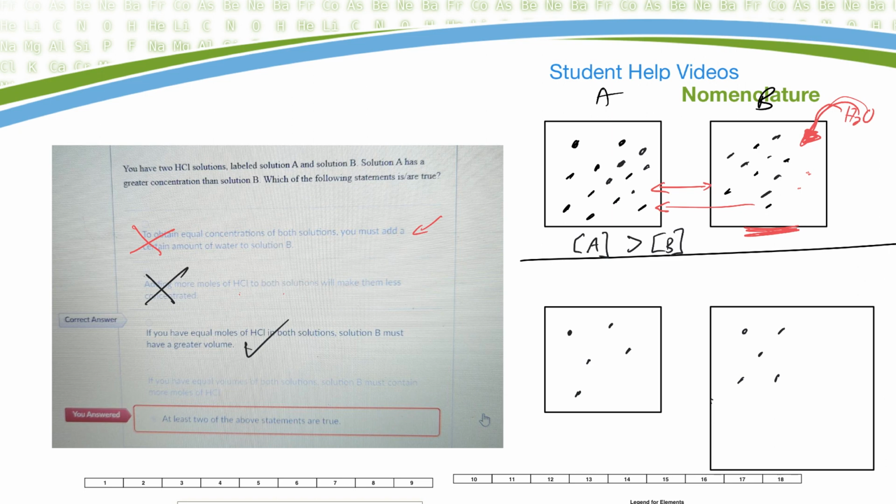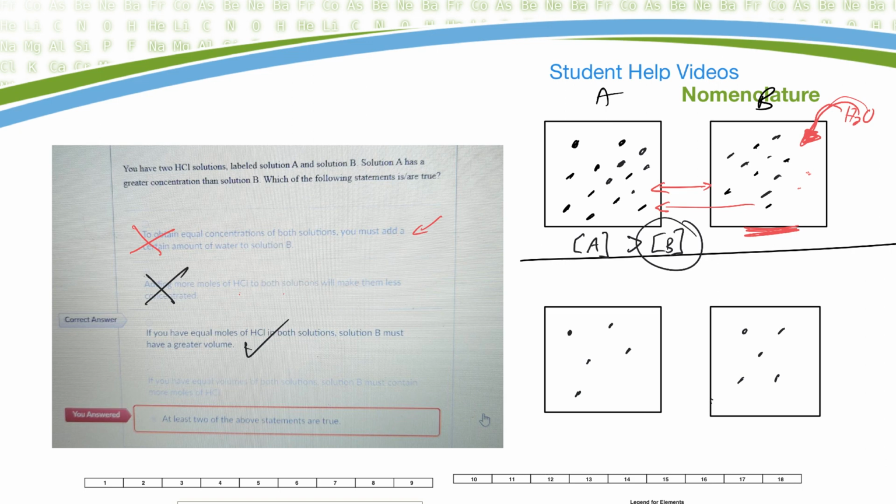If you have equal volumes of both solutions, solution B must contain more moles. That's the exact opposite. If they're equal volume, they say B must contain more moles. It can't contain more moles because B is less concentrated. If it has more moles, it would be a higher concentration.